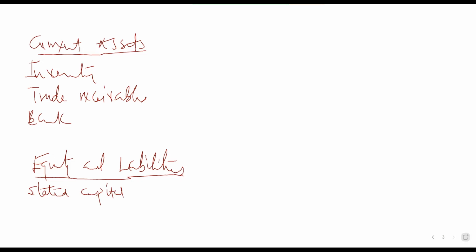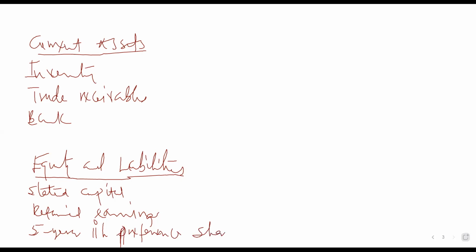Let's come to retained earnings. Then you have 5 years, 11% preference shares. Then you have current liabilities there, but since you don't know what is going to happen, you can leave a space for non-current liabilities before you count your current liabilities.